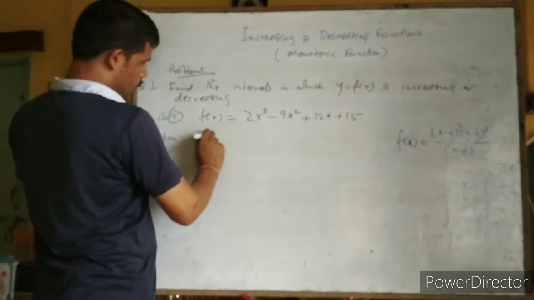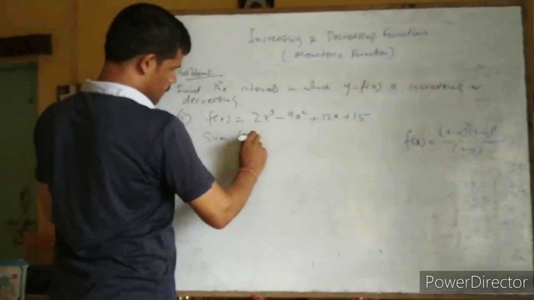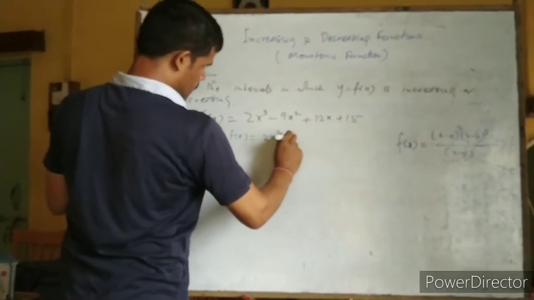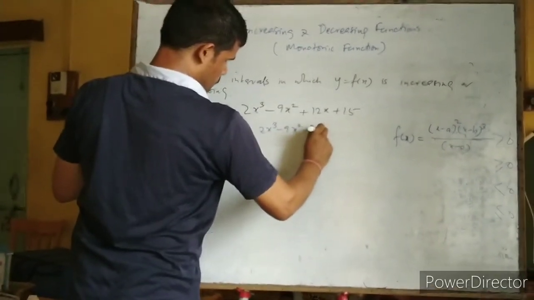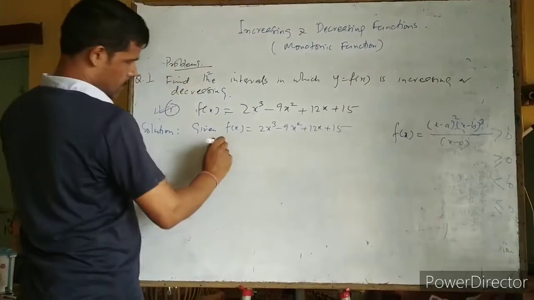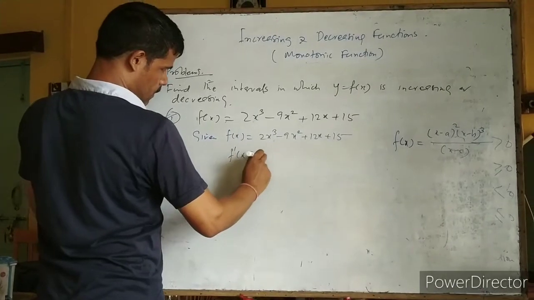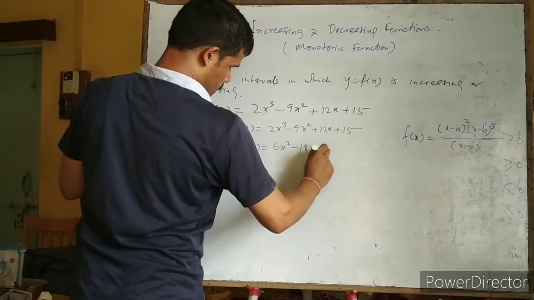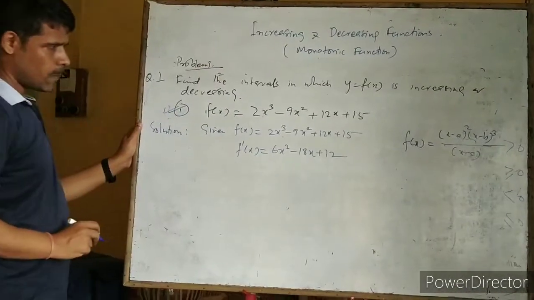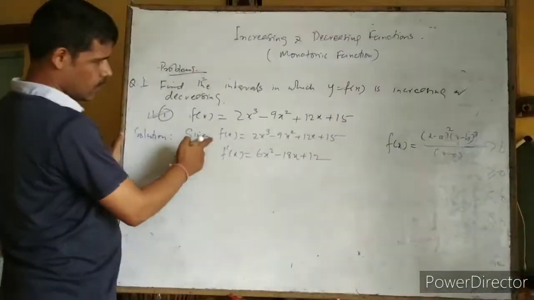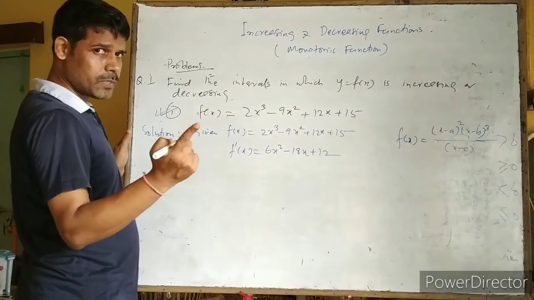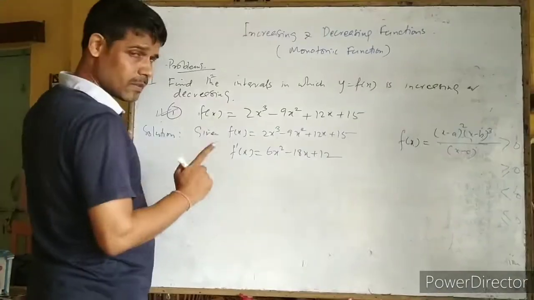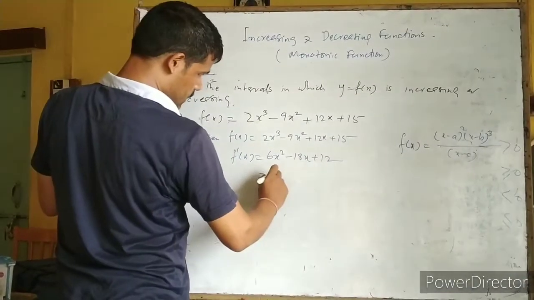So you write down what is given. For f(x), the first step is to differentiate once.